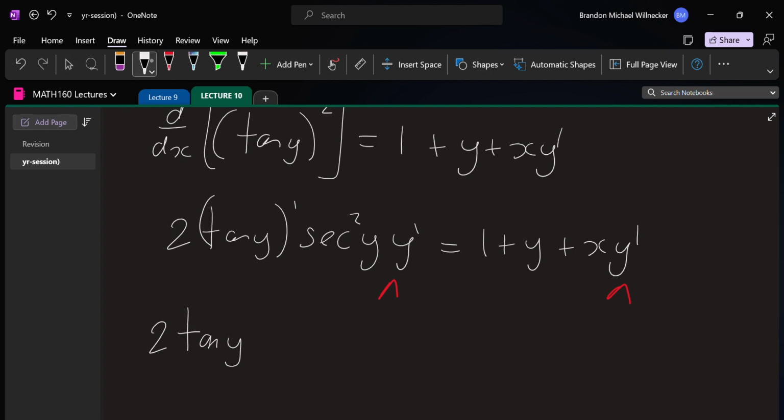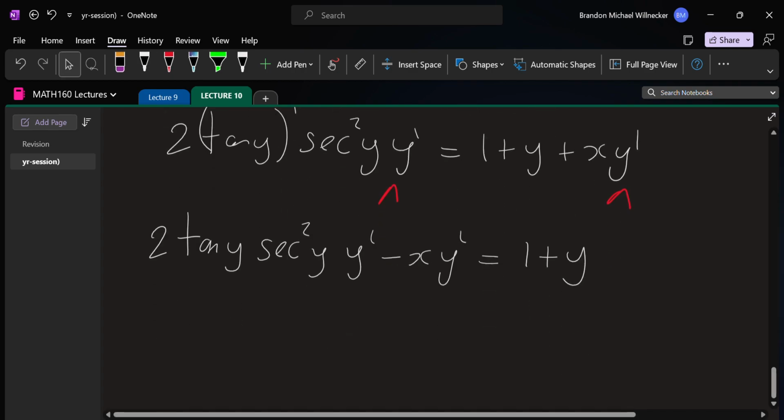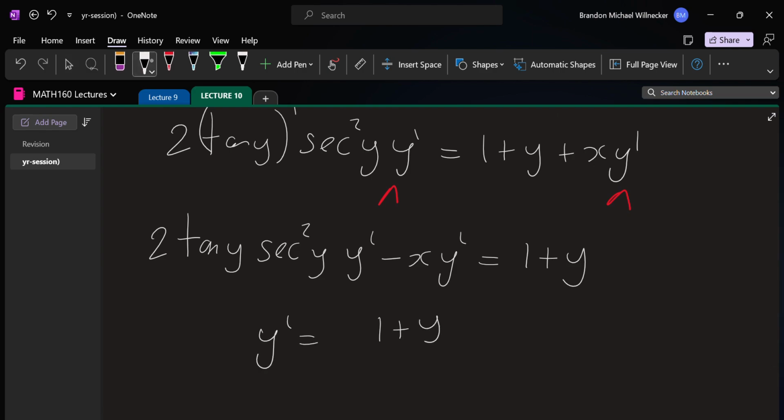Okay, so we're interested in this y prime there and that y prime there. So we take all of that to one side, everything else to the other side. So we're going to have 2 tan y sec squared y prime minus xy prime is equal to 1 plus y.